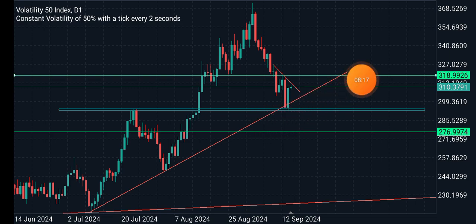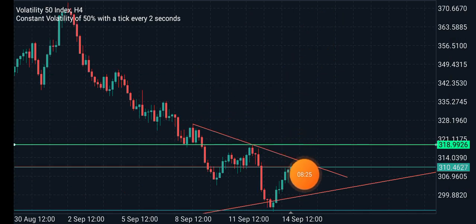But if we don't get this filled and price decides to break the trend line on the 4 hours time frame, if it breaks it and closes above 3189.926, then automatically we should be buying.